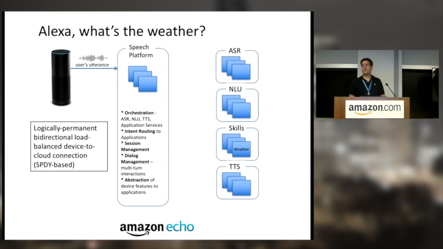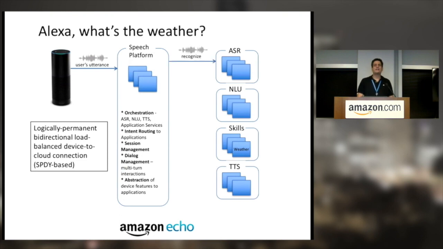This engine listens all the time and waits to hear the word Alexa. Once it hears Alexa, it will stream the utterance to the cloud. Once you say Alexa, you're going to see a light on the top of the device, and then it will send the information to the cloud, and it will reach the speech platform.